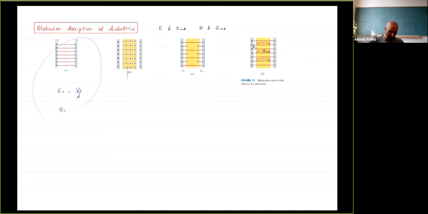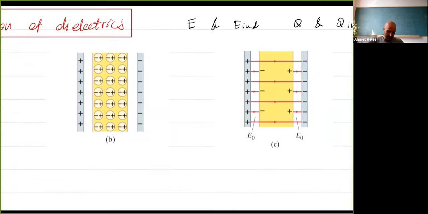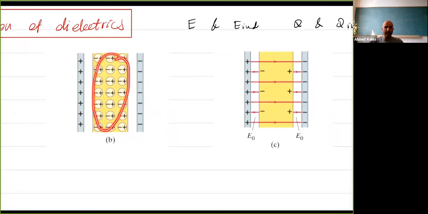Now I want to put this dielectric in between the capacitor plates, and I want to ask what happens, right? So what happens is these dielectrics are generally insulating materials. They cannot have charge flow, but the microscopic constituents of this dielectric, the molecules, will align due to this external electric field. Okay. So when they align like this, they are going to have their own electric field, right?